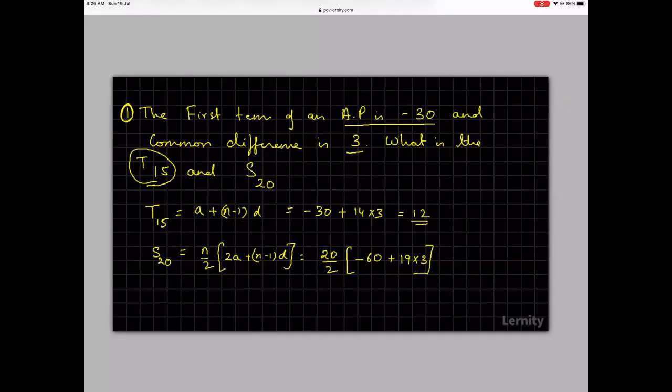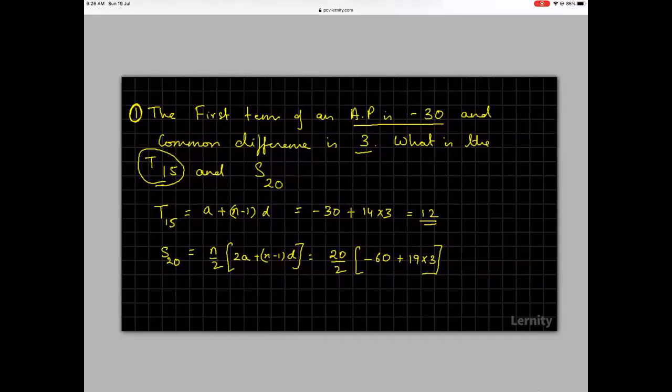So plus 57 minus 60. So the whole thing will give you minus 3. So 20 by 2 into minus 3. So this will make it 10 into minus 3, which gives you minus 30. So S20 will be minus 30.